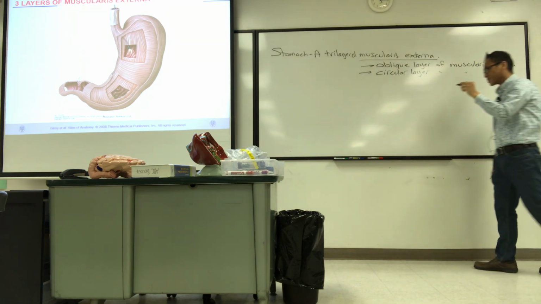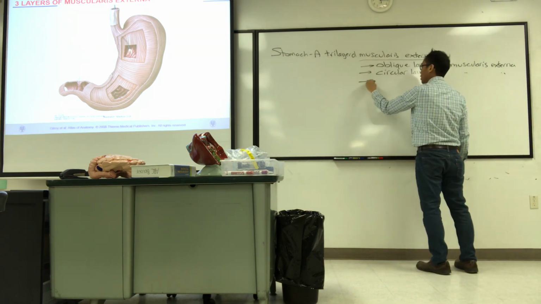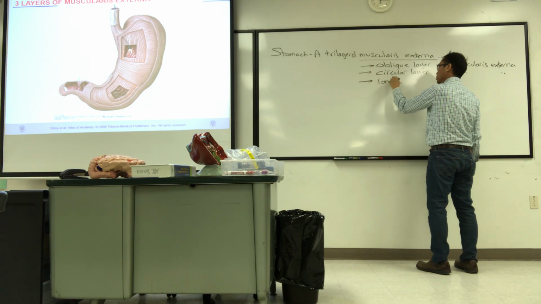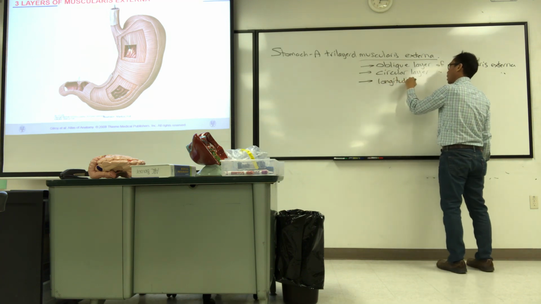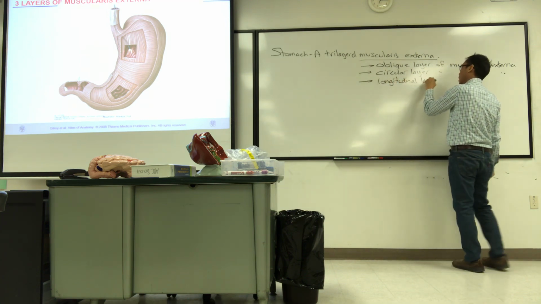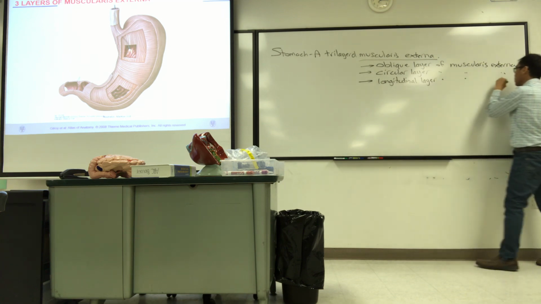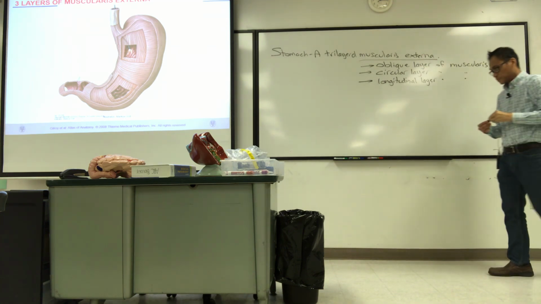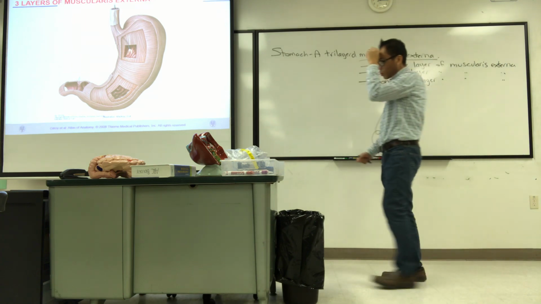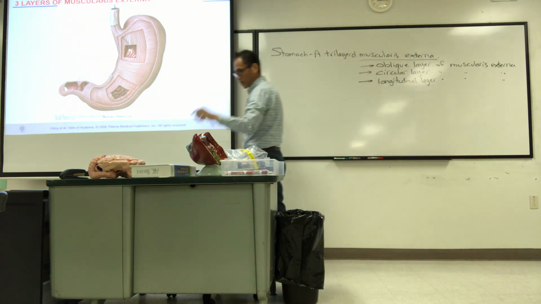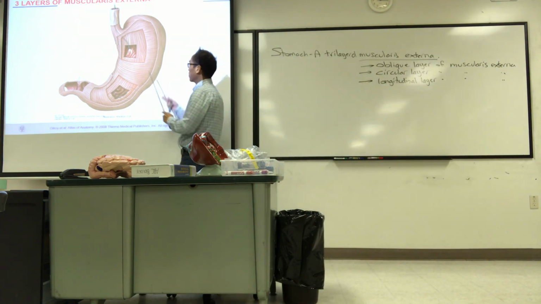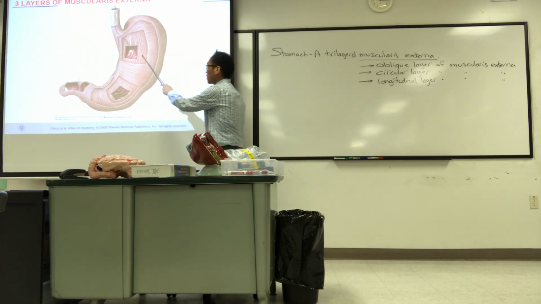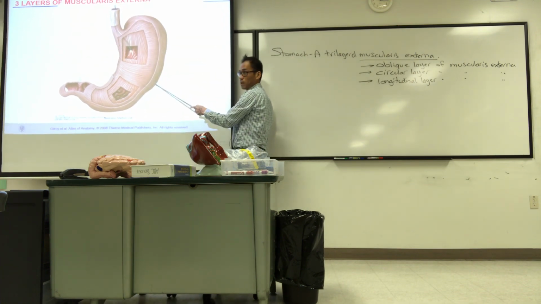And the outermost layer is longitudinal. The fibers run longitudinally. Longitudinal layer of muscularis externa. So I'll point them out real quick. The innermost layer, the fibers run obliquely to the other 2. Oblique, circular, longitudinal, in that order.